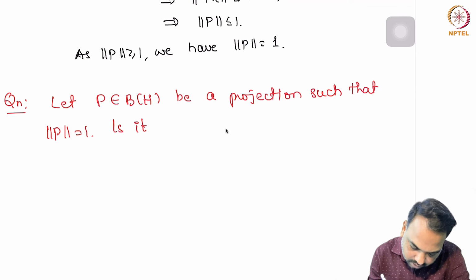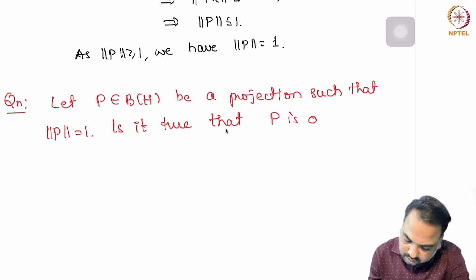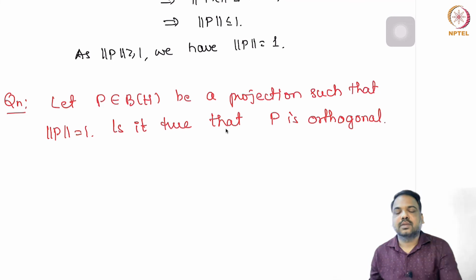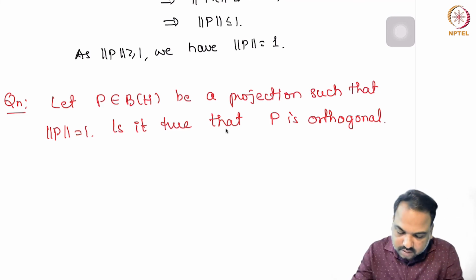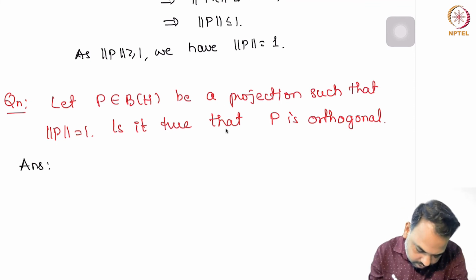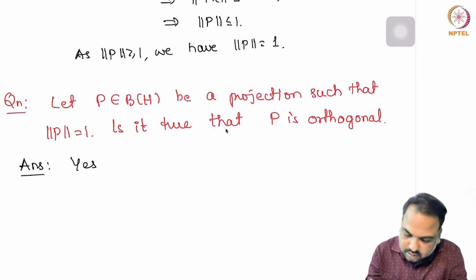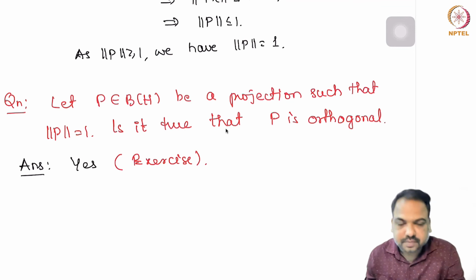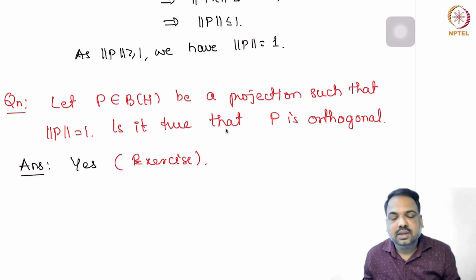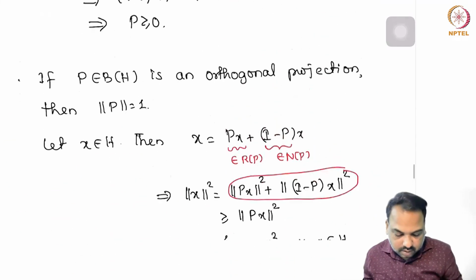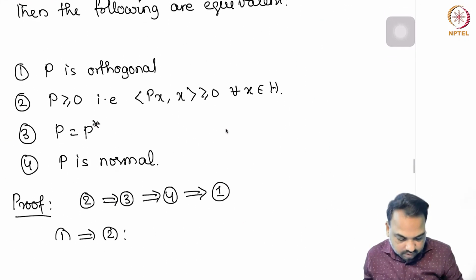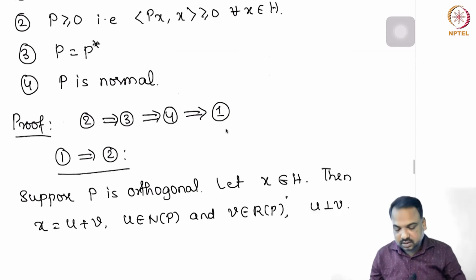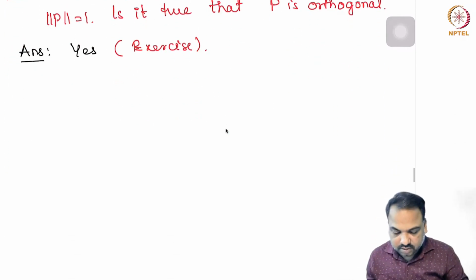So is it true that P is orthogonal? In fact, the answer is yes. So I suggest you to work out the details. That means this is also one of the characterizations for an orthogonal projection. So we have given earlier 3 characterizations. Now this is the 4th characterization of an orthogonal projection.